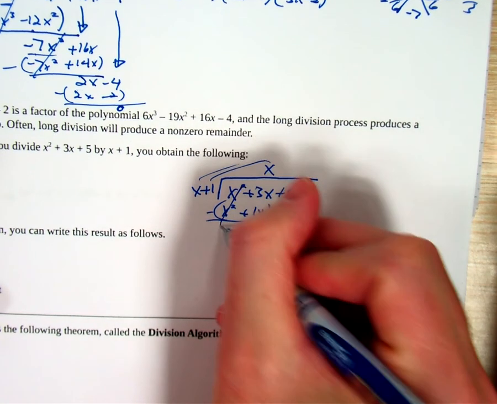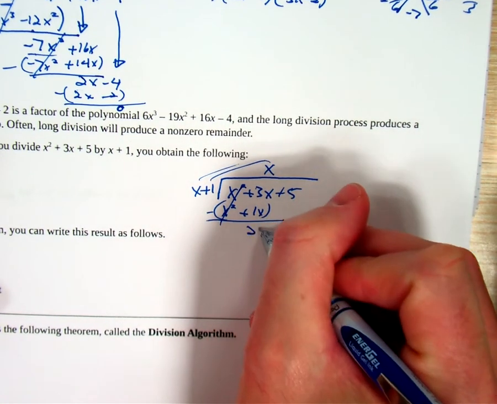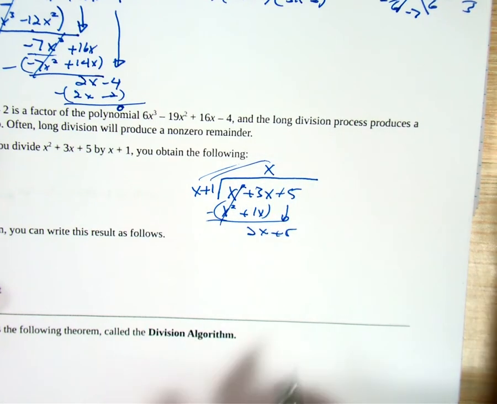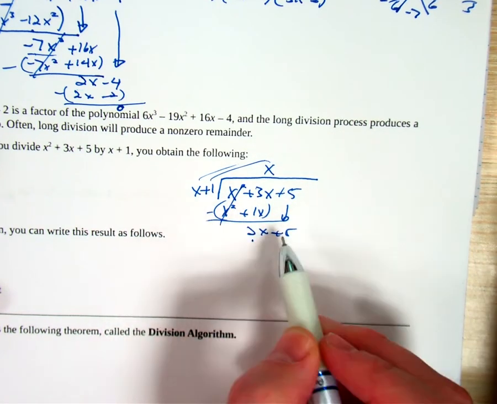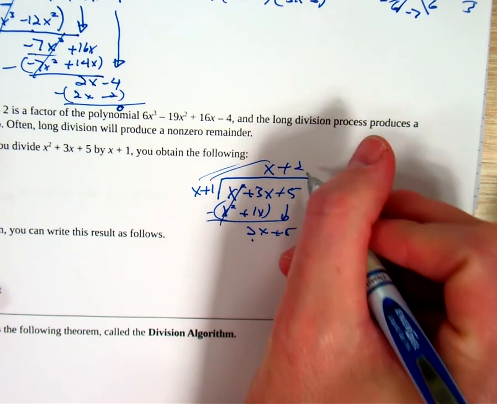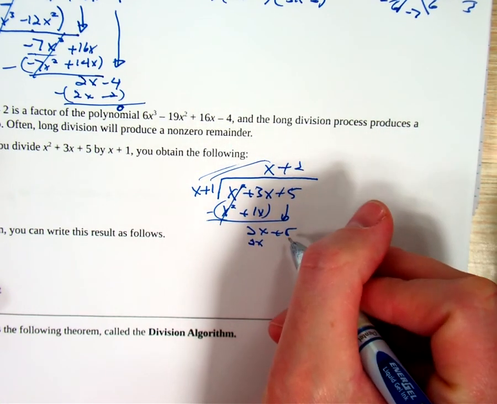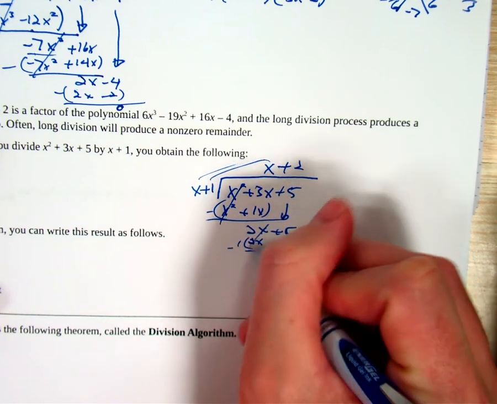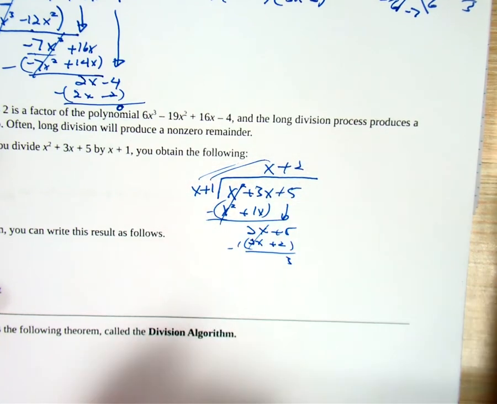Those cancel. 3x minus 1x is 2x, plus 5. 2x divided by x is going to be 2. Multiply this back: 2x, and 2 times 1 is plus 2. Subtract down. Cancel. 5 minus 2 is a remainder of 3.